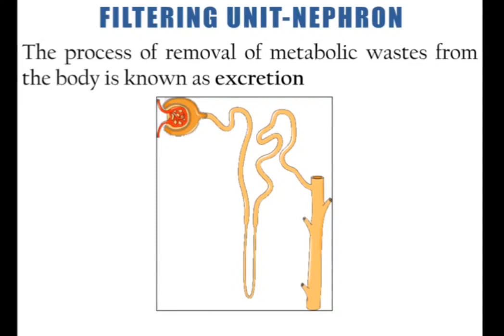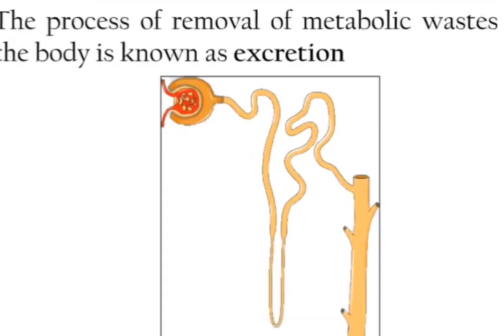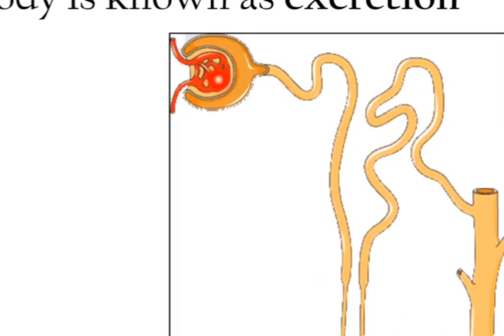The blood will enter this structure of the nephron, this ball-like structure. You can see this is the capillary network present inside this bowl or capsule, and filtration takes place inside this bowl.